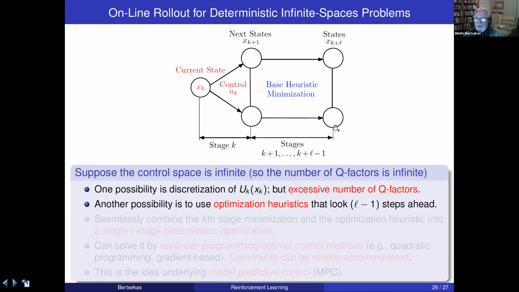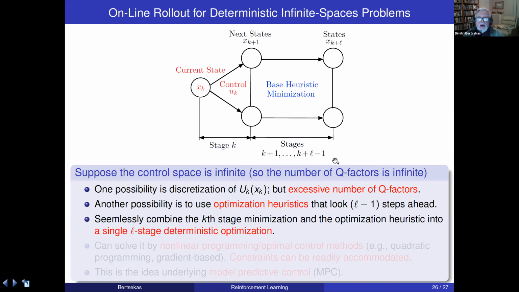So this is the base heuristic, an optimization problem that involves L-1 stages. And now you also have optimization of this cost of transition over uk plus the heuristic. So you can lump together, you can combine the base heuristic minimization, which is L-1 stages, with the first stage minimization, which is one more, for a total of L stages minimization.